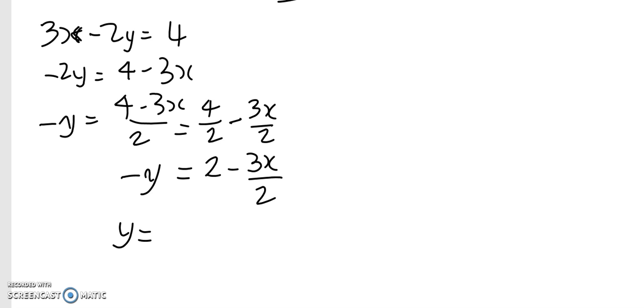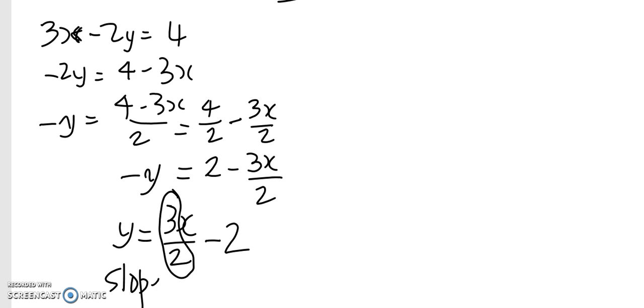Y is going to be equal to 3x by 2, which is a negative, will become positive because we're bringing the negative side. And this 2 is going to be minus 2. So in this case, what is my slope? My slope is 3 by 2. My intercept is minus 2.